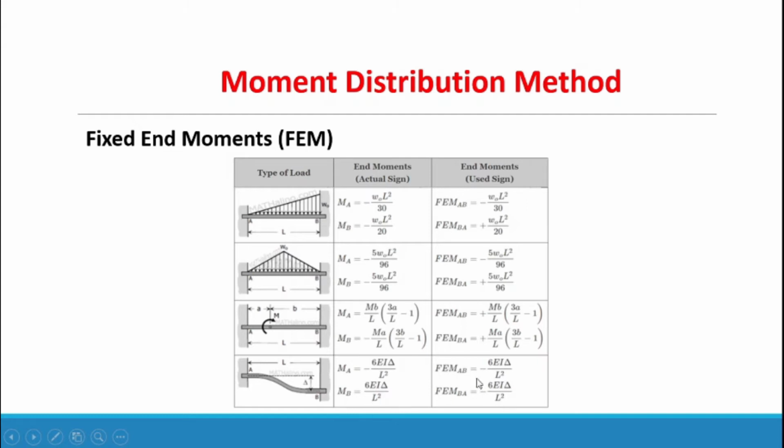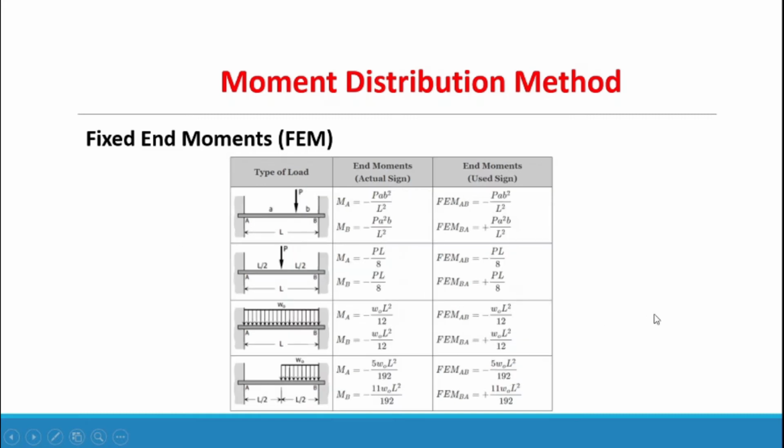And for the fixed end moment at AB, it is equal to negative 6 EI delta all over L squared, and fixed end moment at BA is also negative 6 EI delta all over L squared. So these are the standard formulas for fixed end moments. We will be using the formula based on the given load.